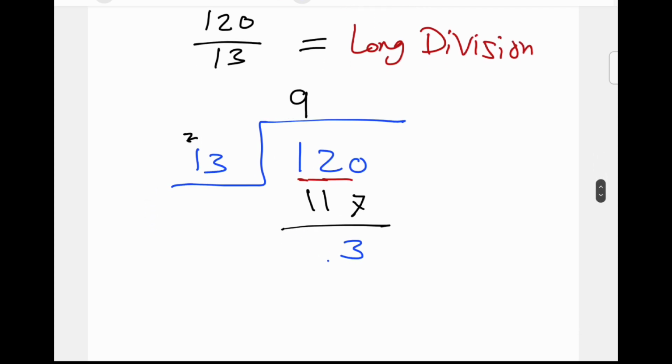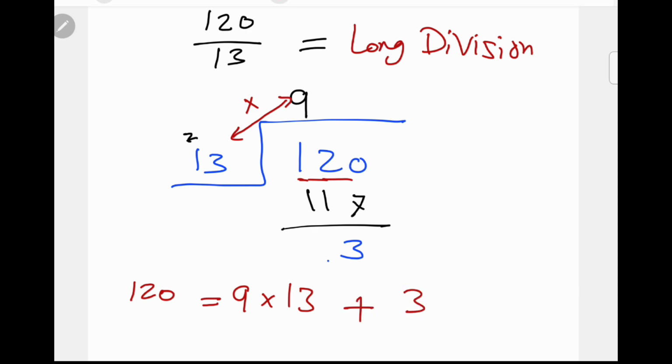And in this case, 120, as you can see, can be expressed as 9 times 13, so there are 9 13s in 120, plus 3.